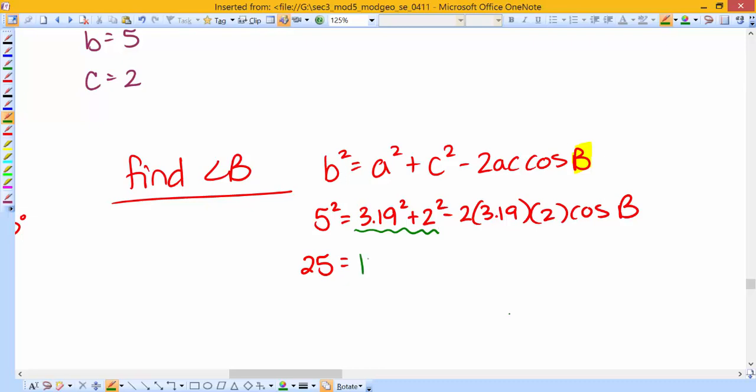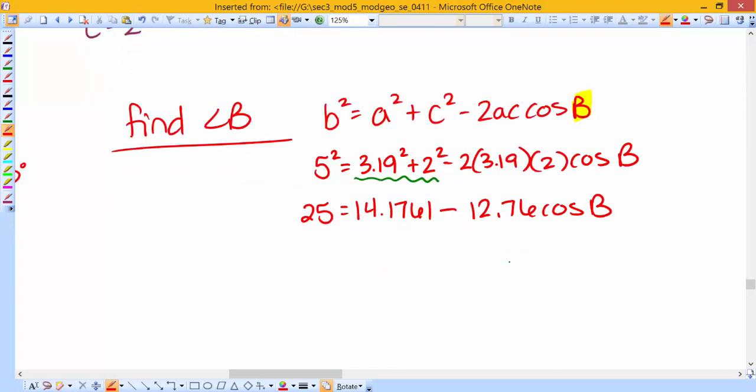And I get 14.1761 minus 2 times 3.19 times 2, 12.76 cosine of B. So now this is a lot like the first example where I'm going to subtract 14.1761 from this side. I'm not going to write it again.